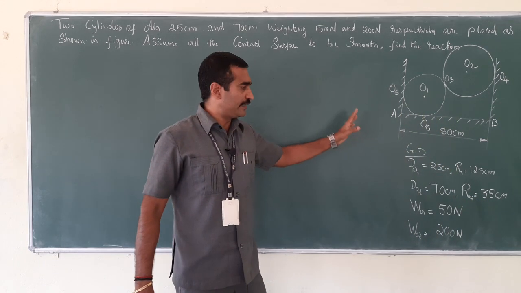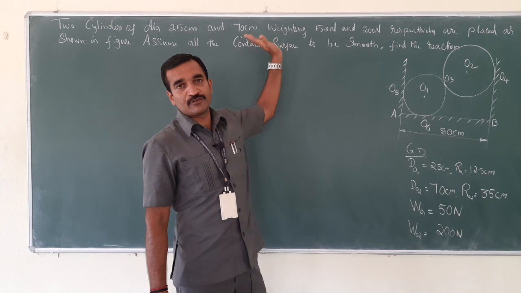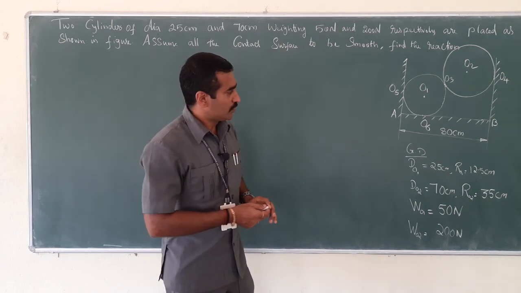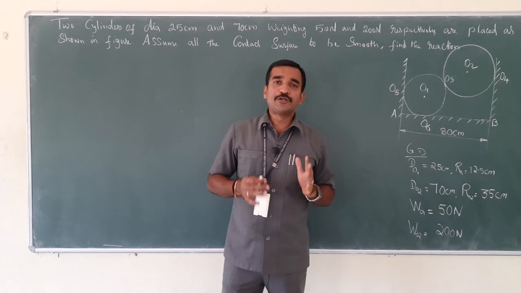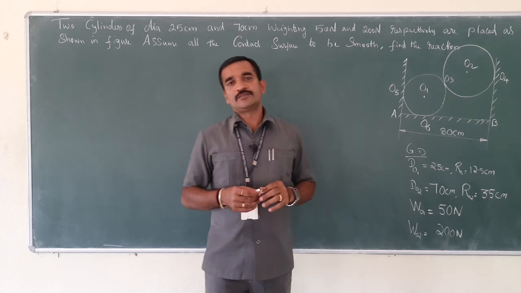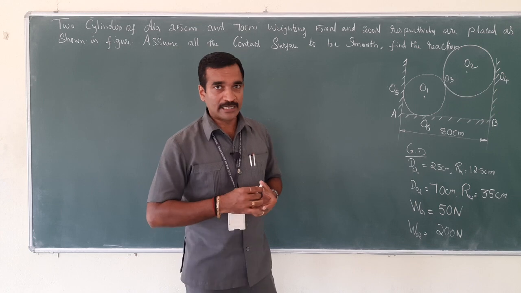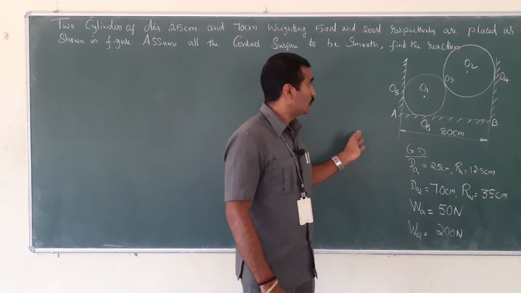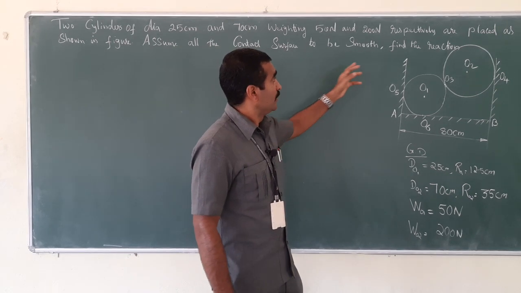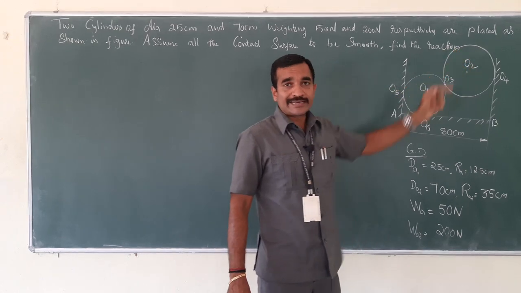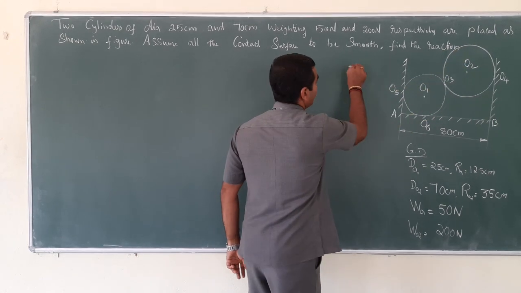These are the given information reflecting in this question. To proceed, we need to draw the FBD, that is the free body diagram, right? Next, what needs to be found here is all the reaction forces.